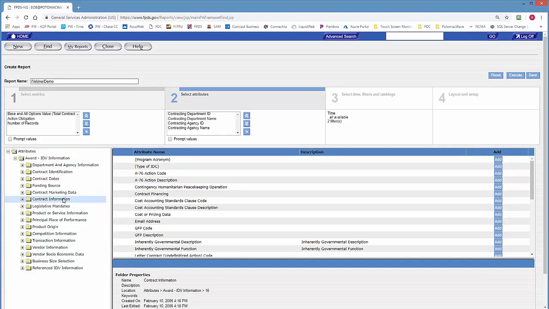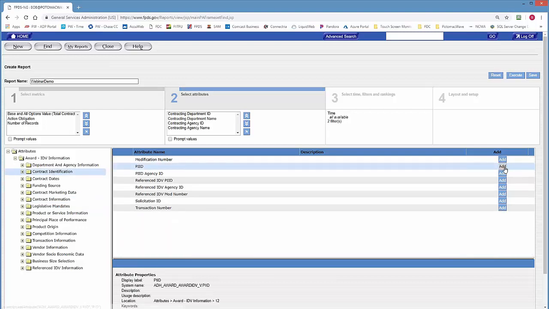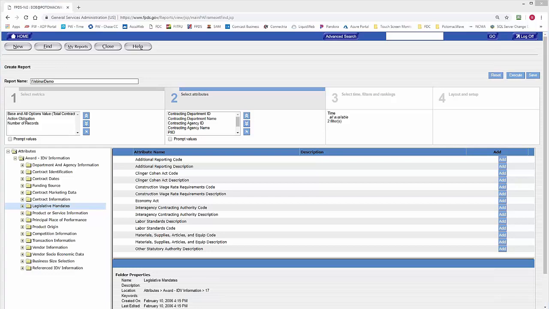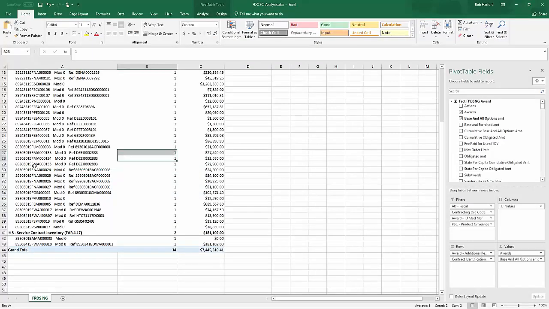This is the PIID, mod number, things along those lines. So I'm going to pick contract identification. I'm going to pick PIID, reference PIID, and mod number. If you remember, when we were looking at that additional reporting designation, just look at one of them.